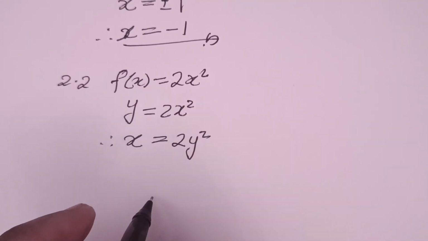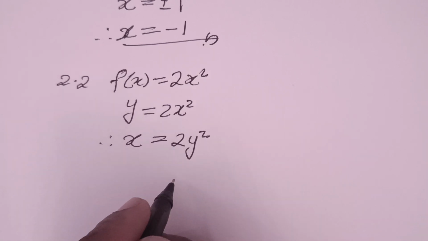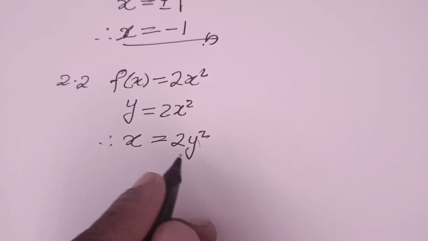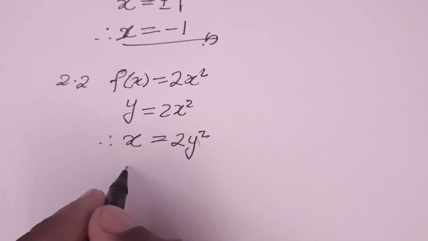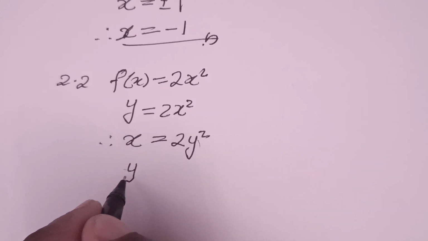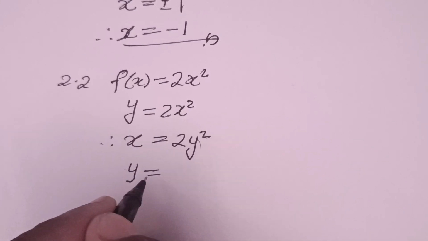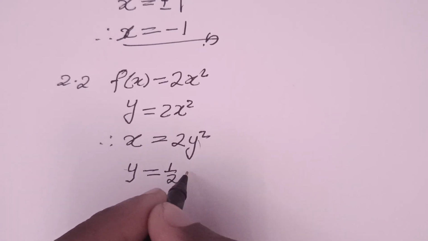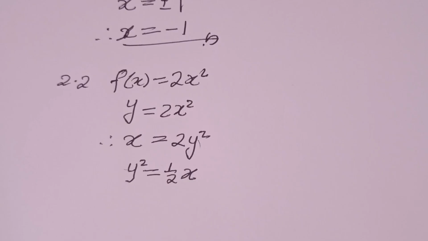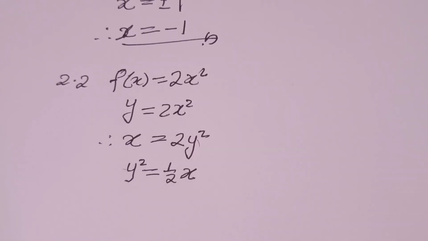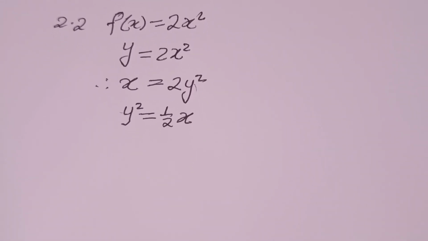Divide both sides by 2, because we have to make y the subject of the formula. Let me rewrite this: y squared is equal to 1 over 2x. Are we together? Because you divided by 2 both sides.